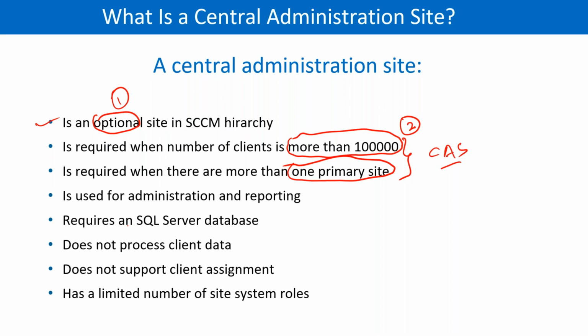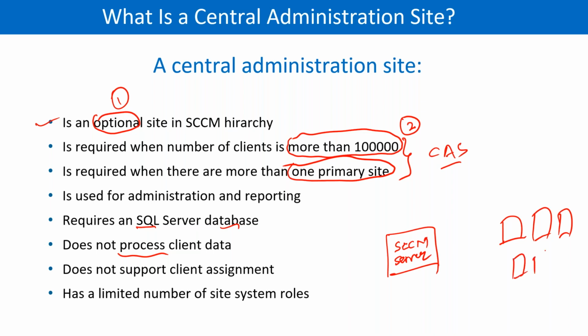It needs a SQL Server database to store the configuration. All the data will be stored inside this SQL Server database. It does not process client assignment. That means, SCCM is a server and client facing tool. You have the SCCM server, and you need to install the client on all computers.